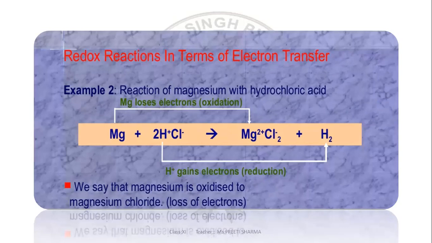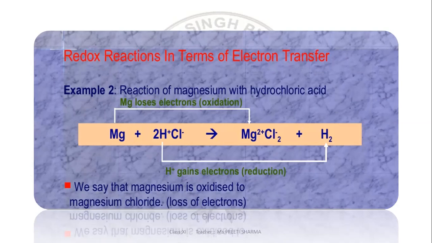Second example is there, reaction of magnesium with hydrochloric acid. Again, you can see students, magnesium loses electrons to form Mg 2 positive, and here hydrogen, what happened here? Hydrogen has gained the electrons and acquires 0 charge. Means first of all, on the left hand side it has 2 positive charge. It means उसके पास electrons की कमी है.